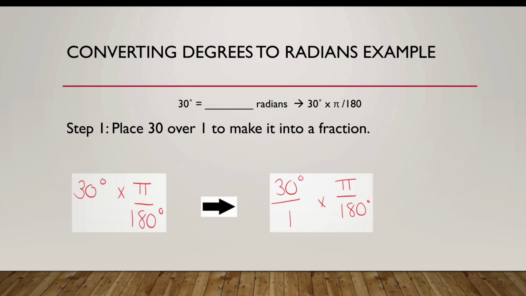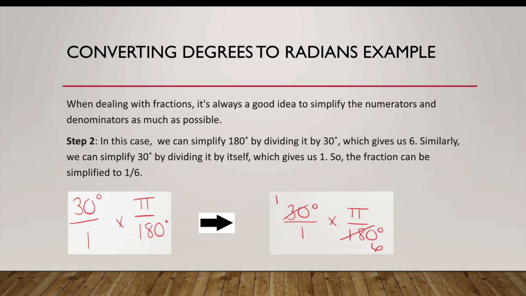The first thing you would do is to place 30 over 1 to make it into a fraction. When dealing with fractions, we try to simplify the numerators and denominators as much as possible. In this case, we can simplify 180 by dividing it by 30, which gives us 6. Similarly, we can simplify 30 by dividing it by itself, which gives us 1.